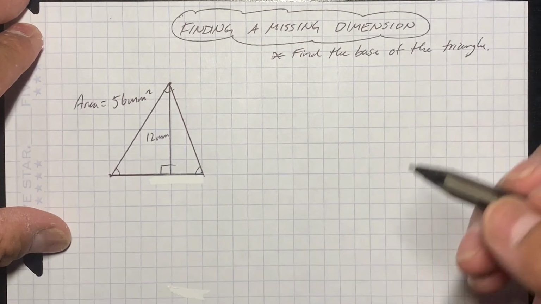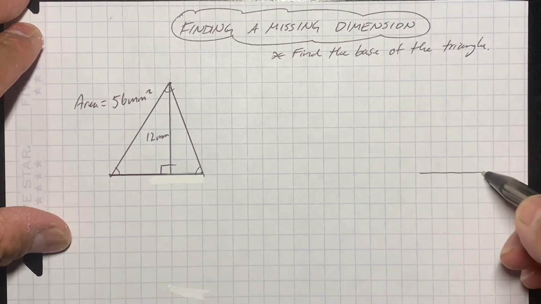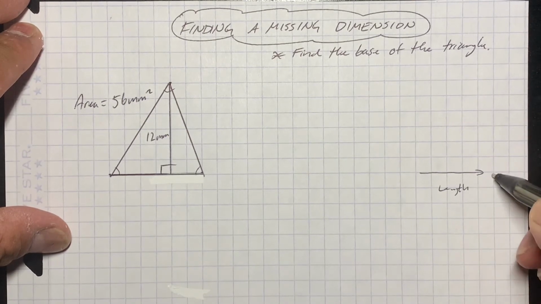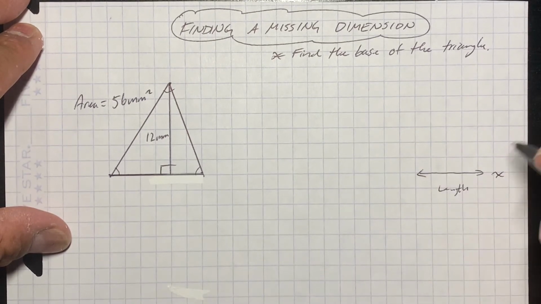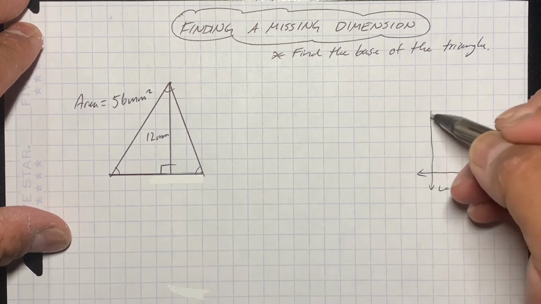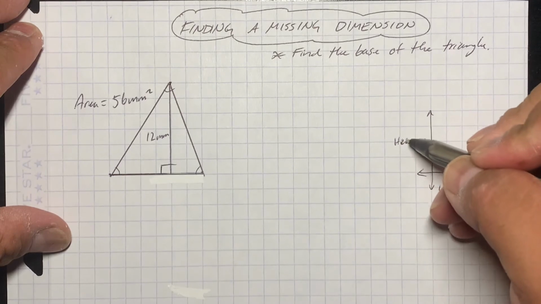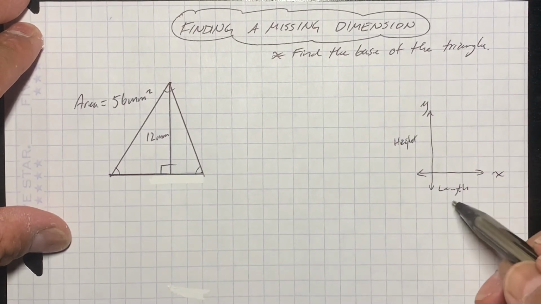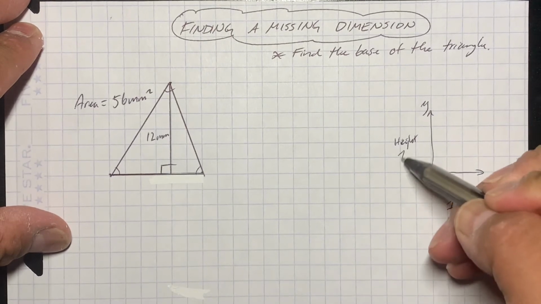So again, a dimension would be, one dimensional would be the length. That's your x-axis. Another dimension would be your height. That is your y-axis. So this is 2-dimensional. So the length's 1-dimensional, the height is 1-dimensional.